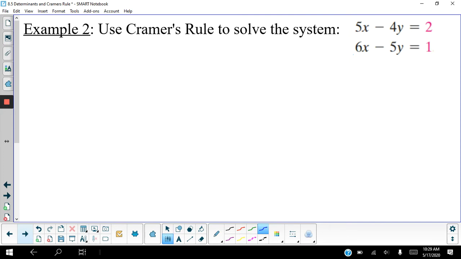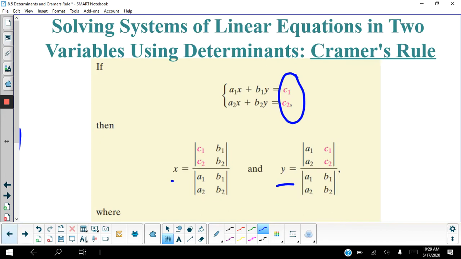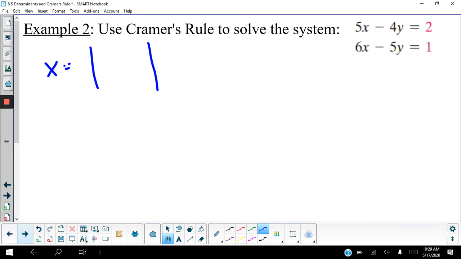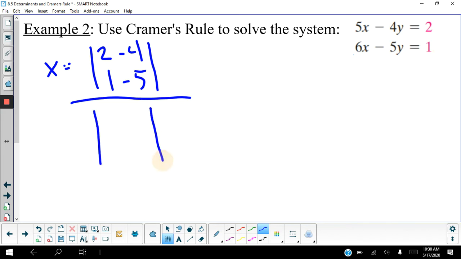Okay, so x equals, notice the c's, the numbers that are on the other side, they're replacing the first column, so you can remember that when you're doing x. So it's going to be a 2 and a 1, and then we have the rest of our equations, negative 4 and negative 5, and we are dividing that by the determinant of just the coefficients.